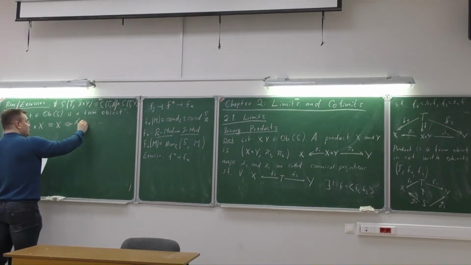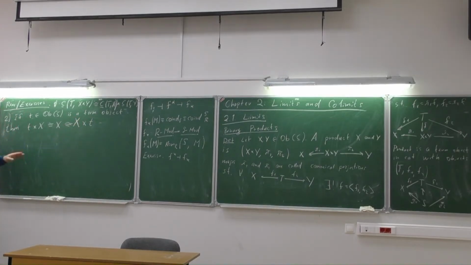The product with the terminal object is the same object that we started with. I hope you can see the difference, right? So this is a product between two objects and this is object X. Well, maybe X is not the best choice for the notation in this case.